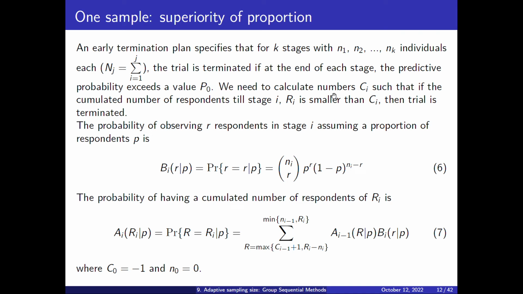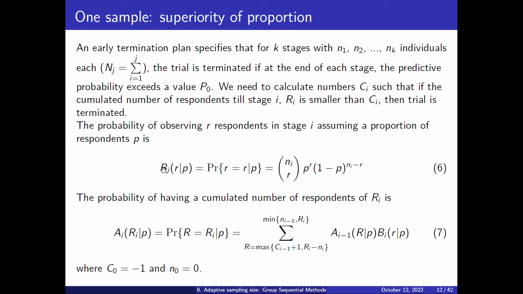So we need to calculate Ci, called critical numbers, such that if the number of cumulated respondents until the stage i, called Ri, is smaller than this, then the trial is terminated. And then we can calculate all these probabilities.